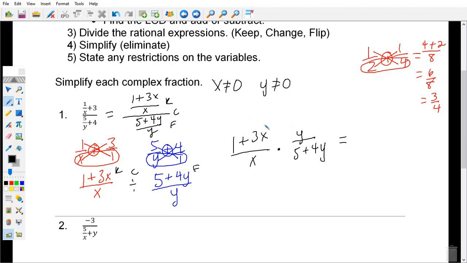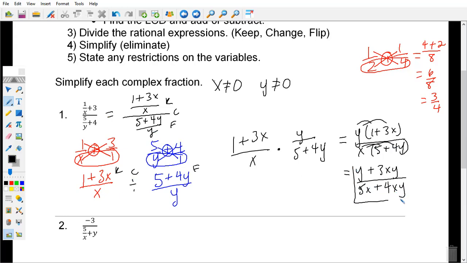If you're not good at multiplying, distributing out like just normally, you can write it all out. So we have y times 1 plus 3x over x times 5 plus 4y. So my final quotient is, distribute, we get y plus 3xy all over, distribute, 5x plus 4xy. And that is your quotient.